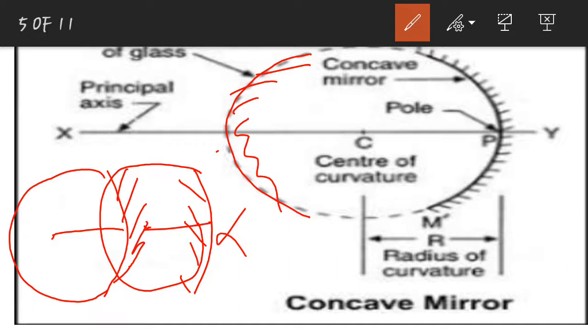Then only it is going to be correct, otherwise the center will change, so your focus is going to change. When we are doing numericals, at that time we have to take the focal length as positive and negative, and then it will be a problem. So with one center only we have to take both the concave as well as the convex mirror. So this is going to be a convex mirror. Clear?